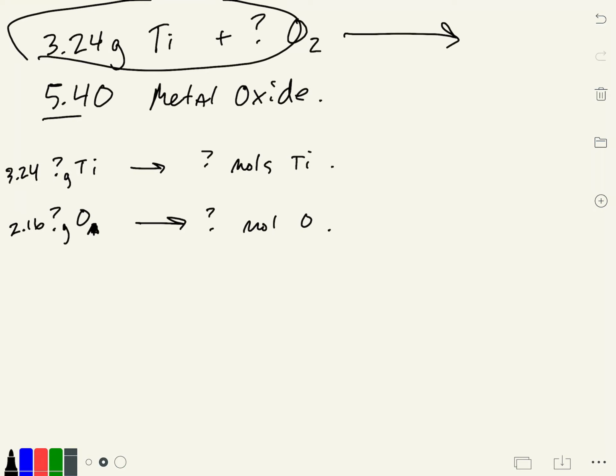Well, actually, that's not the point of what I'm trying to show you right now. What I'm trying to show you are the different ways you get your data. Sorry, I went down a rabbit hole. You guys could calculate this and figure out the answer here. I'm pretty sure titanium oxide forms a 1-to-2 ratio, like this. But you guys would have to check that. I don't have the periodic table in front of me.